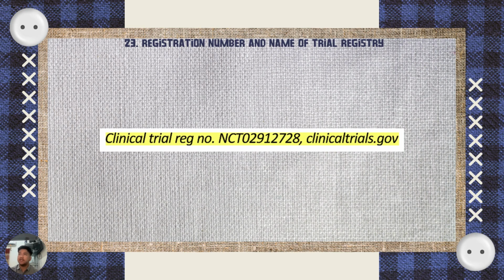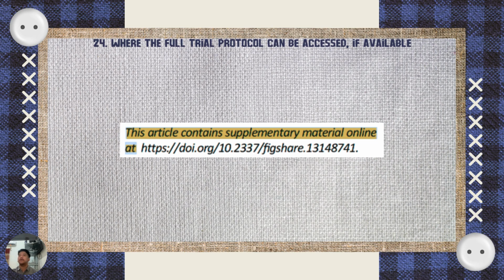And then for the registration number and name of trial registry, it is clinical trial registration number NCT 0291278, clinicaltrials.gov. And then item 24, where the full trial protocol can be accessed, if available.